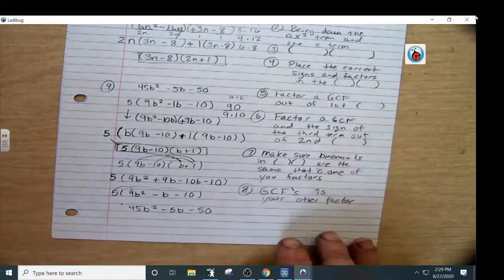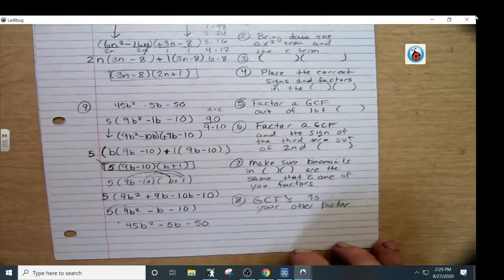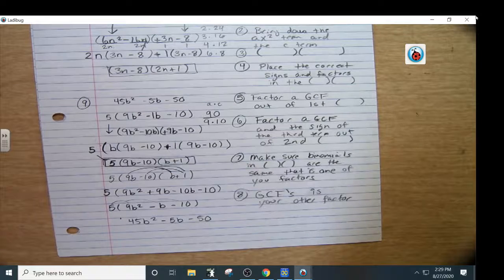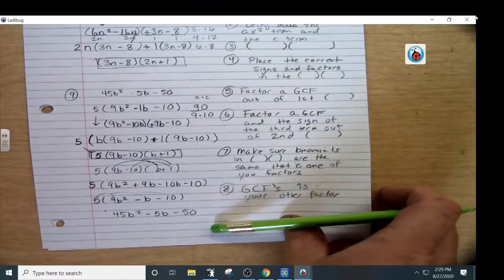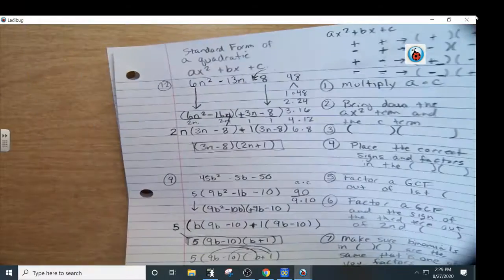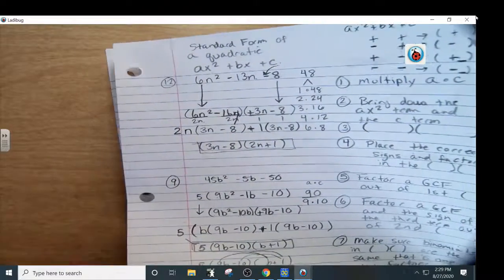All right. How many people think they can do that? Okay. Y'all want to do one with the GCF again? That'd be better. Okay.